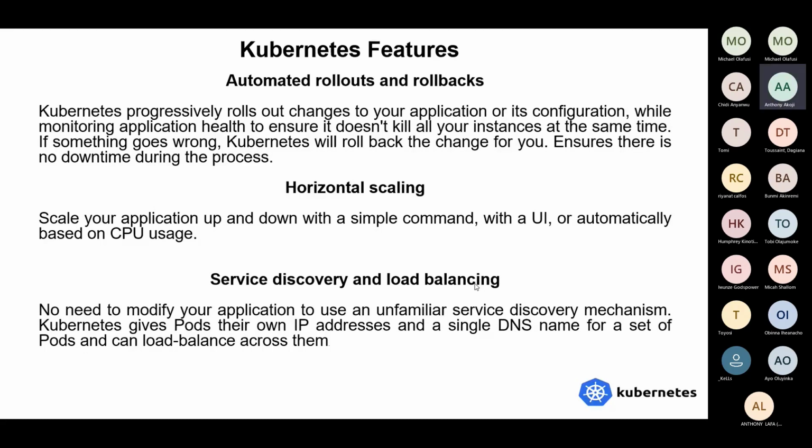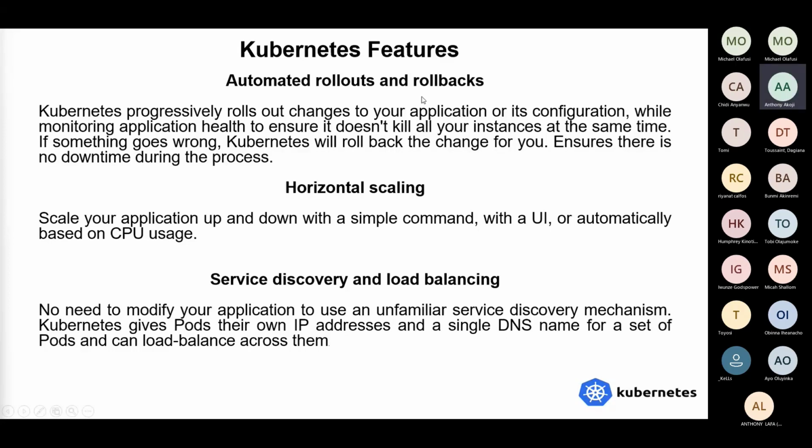Next we have Kubernetes features. These features are things that Kubernetes does, or when you say something has a characteristic, this is what we're talking about. So Kubernetes actually has automated rollout and rollback.